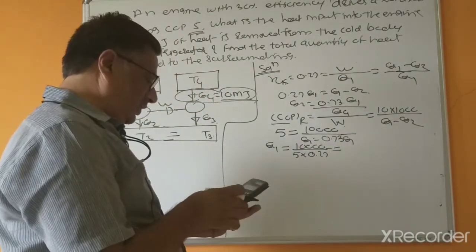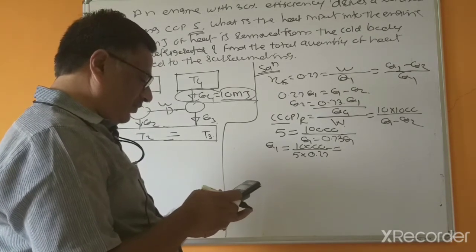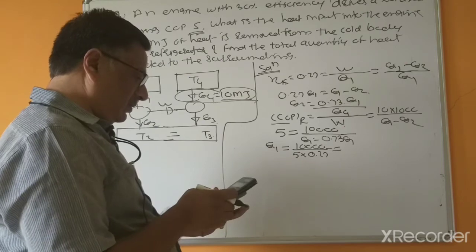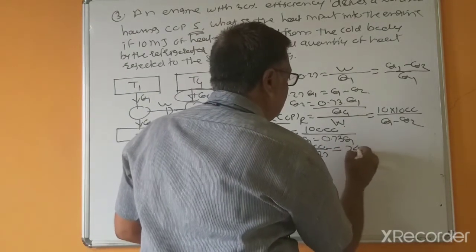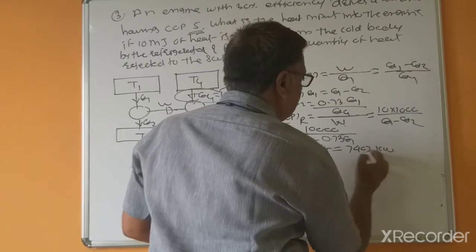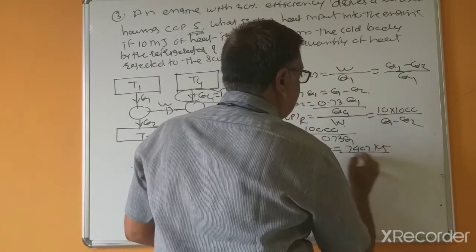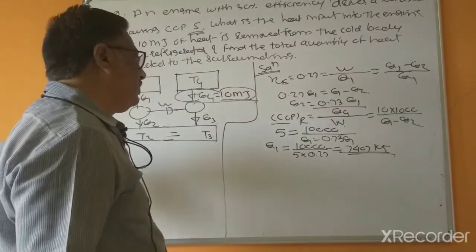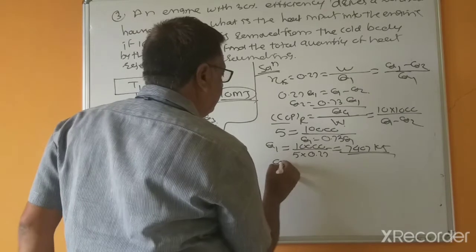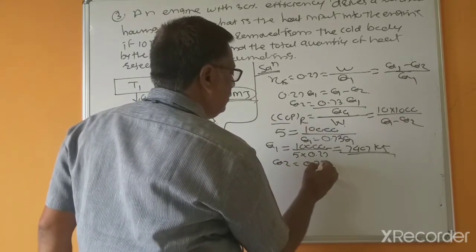Now Q1 equal to 10,000 divided by 5 divided by 0.27, this is 7,407 kilojoule. Then Q2 equal to 0.73 times Q1.